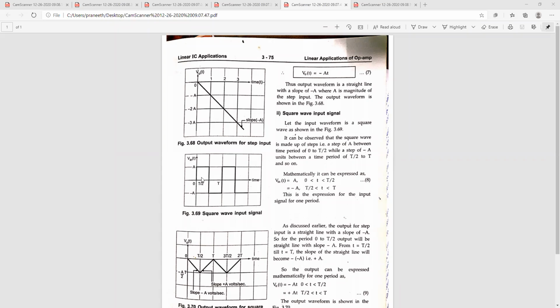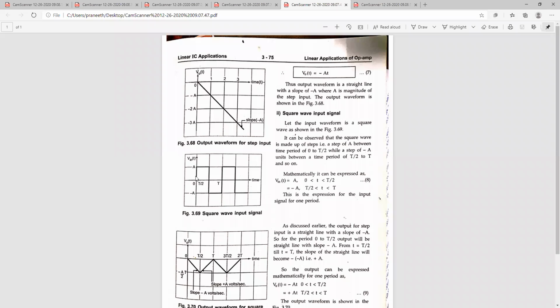Yes. So if I take the square input, generally the integral limits will be taken between, of course, 0 to T, but they will be varying: for one time interval they will be varying from 0 to T by 2, and for one time interval from T by 2 to capital T. Yes or no?